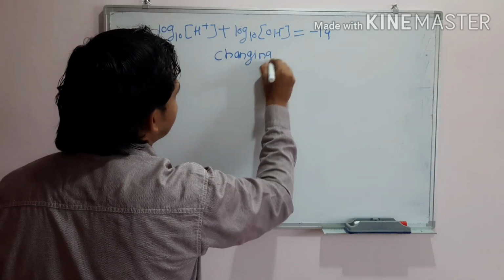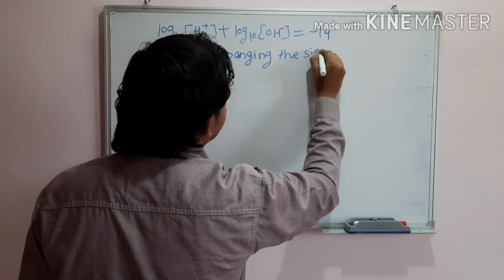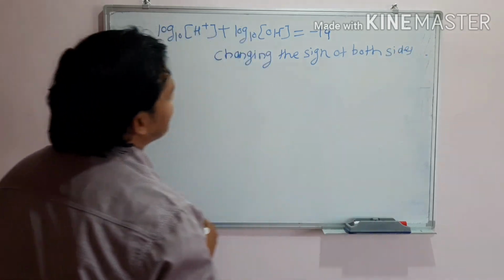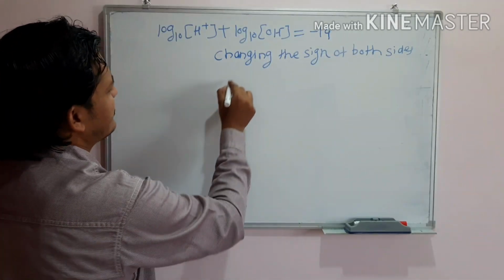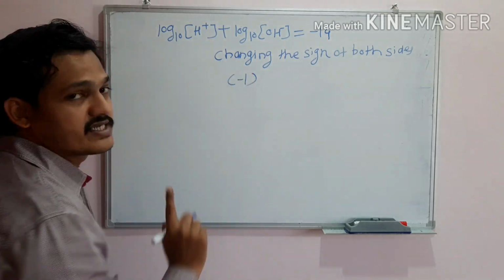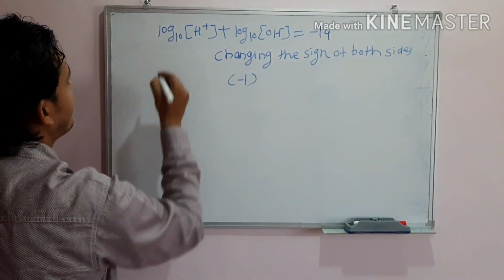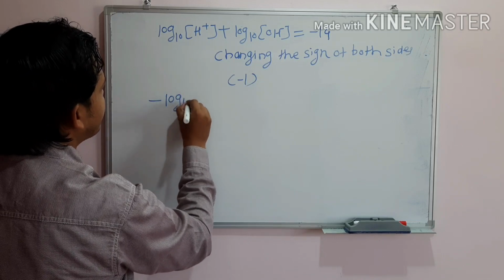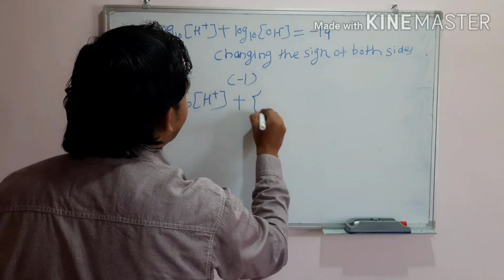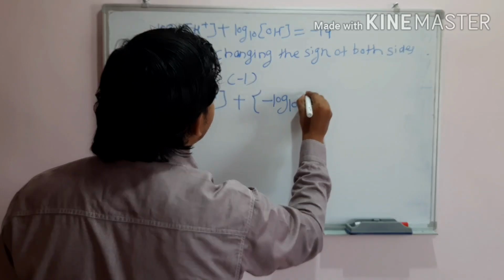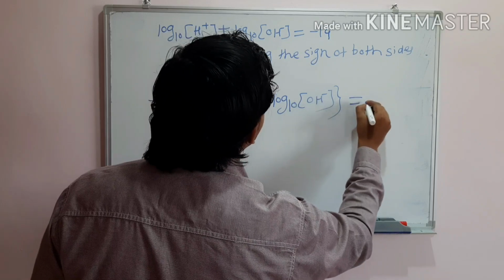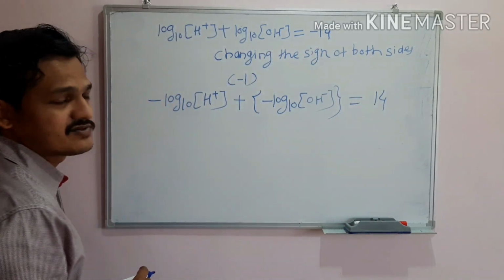Use either one. Multiply by minus 1 on both sides or change the signs of both, use any one rule. So we will get negative log to the base 10 molar concentration of H plus ion, plus negative log to the base 10 OH minus ion, is equal to plus 14. The sign changes as we multiplied by minus 1.